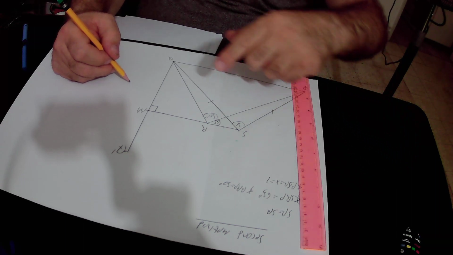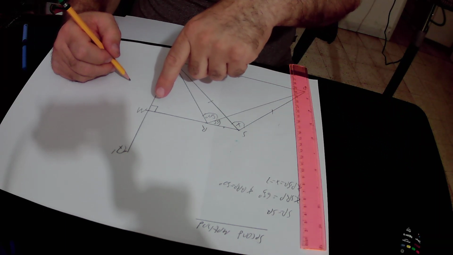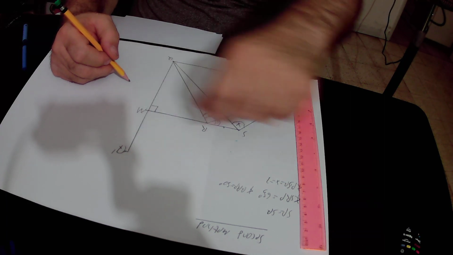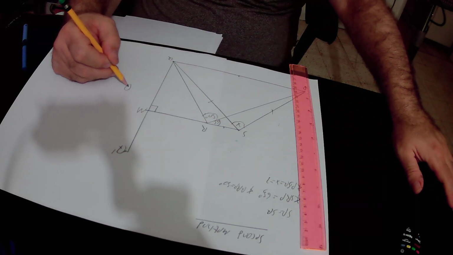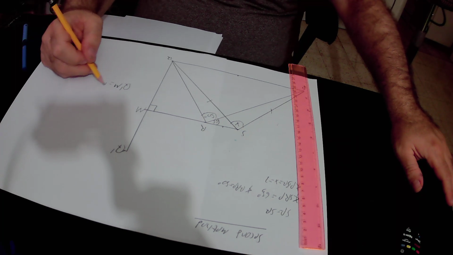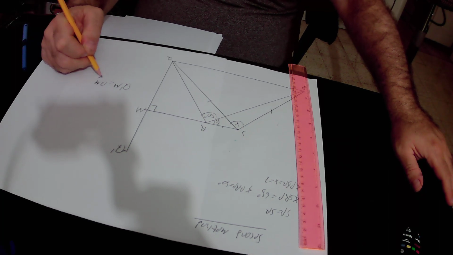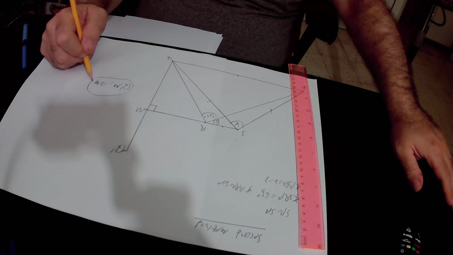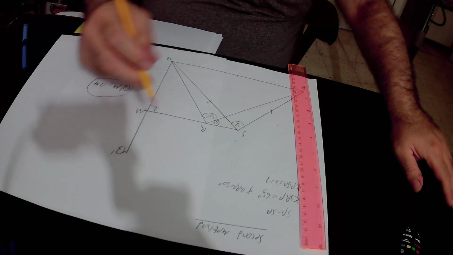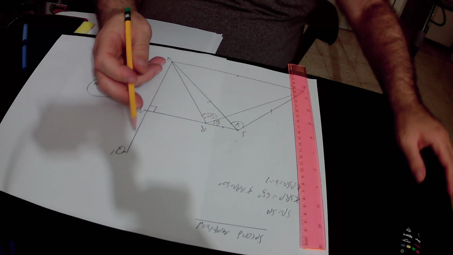We extended the perpendicular QM until Q dash M equals QM, according to our construction. Then in the next step we will join points R and Q dash by a straight line.